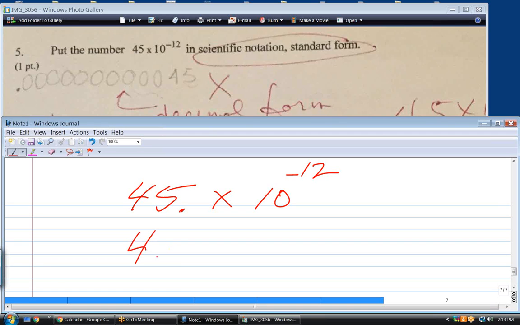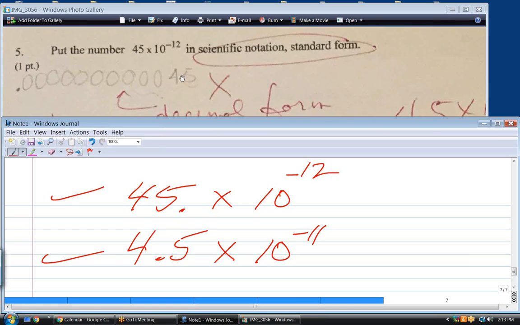So to change it to 4.5, I've moved it 1 spot, which means I have to add 1. What's my new exponent? That would be negative 11. Correct. That's the same number as that. And that's the important thing, that you never change the number.